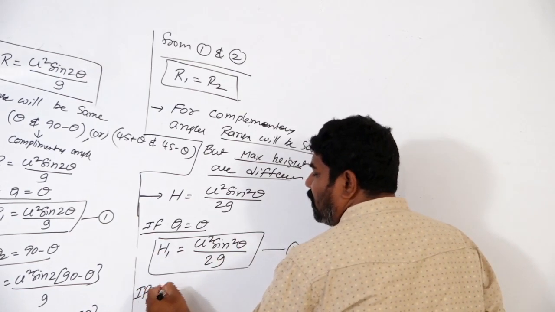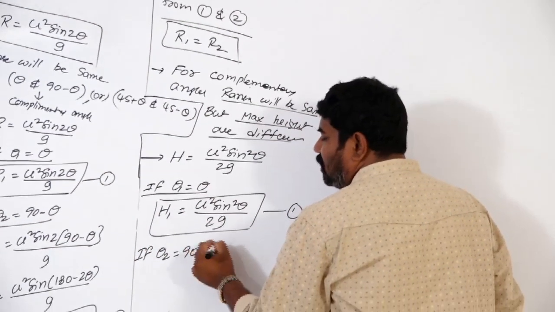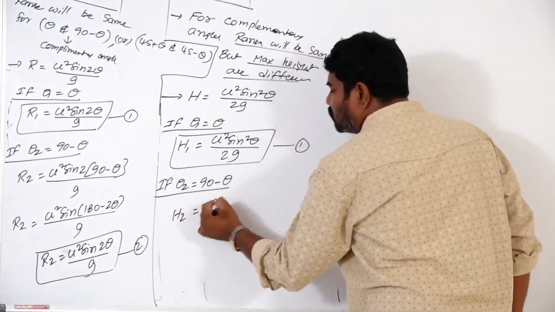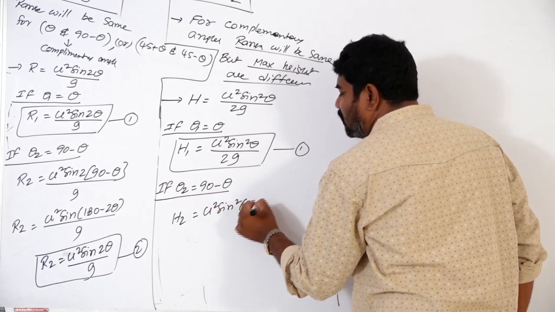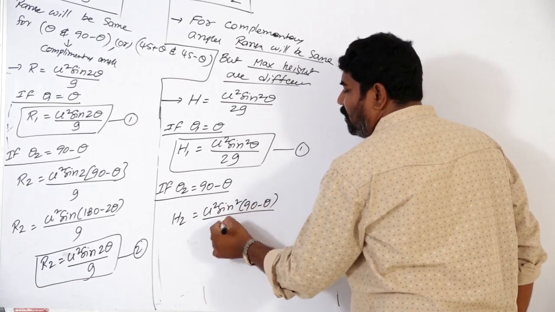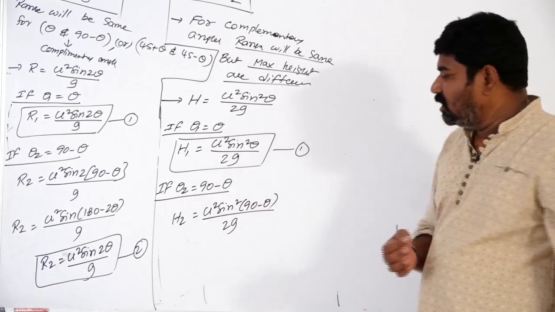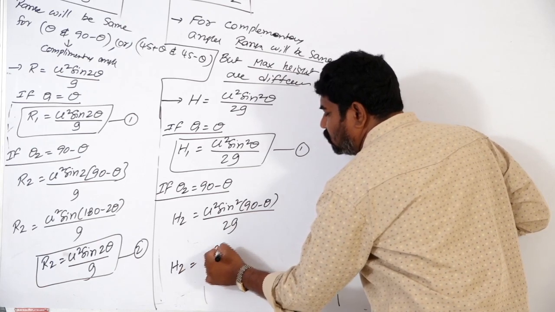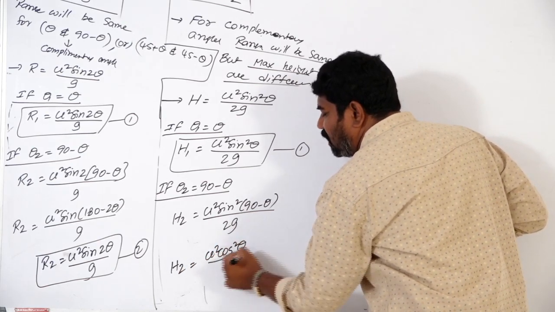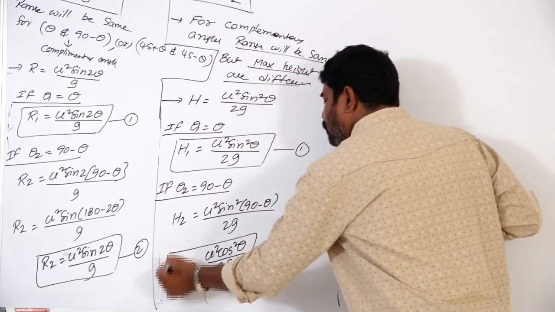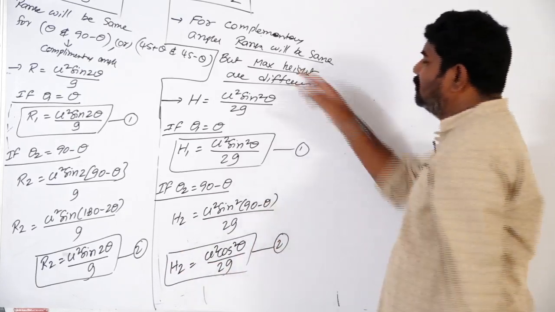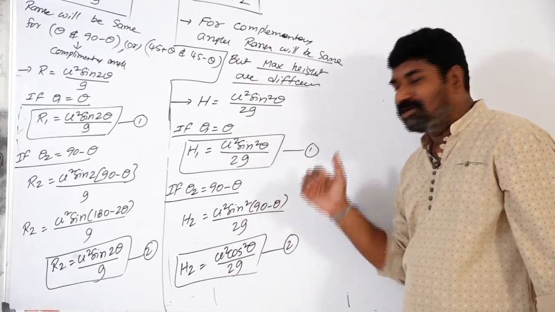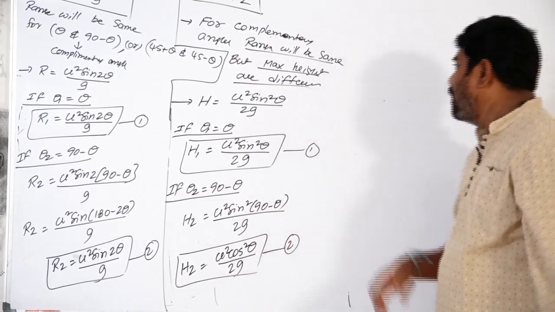If the complementary angle theta 2 is 90 minus theta, then H2 is equal to u square sin square of 90 minus theta by 2g. Sin of 90 minus theta is nothing but cos theta, so H2 is equal to u square cos square theta by 2g. So for complementary angles, range will be the same, but the maximum heights are u square sin square theta by 2g and u square cos square theta by 2g.